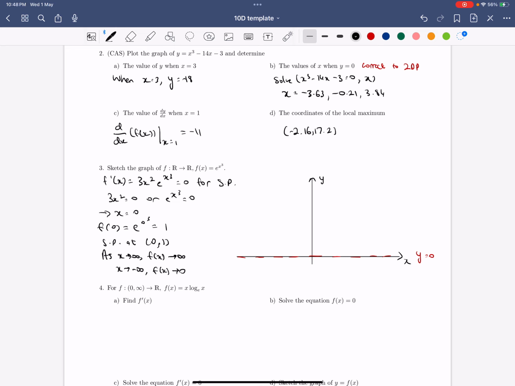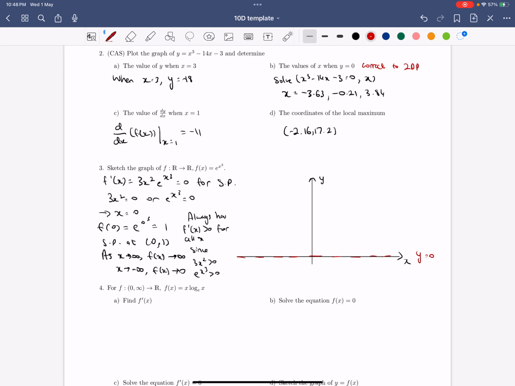So it doesn't matter what x value you plug in there, this thing always has a positive gradient. That is the key thing that you need to know here. So always f dash of x greater than 0 for all x, since 3x squared is greater than 0 and also e to the x cubed is greater than 0. Okay, so both those things are true, which means you always have a positive gradient.